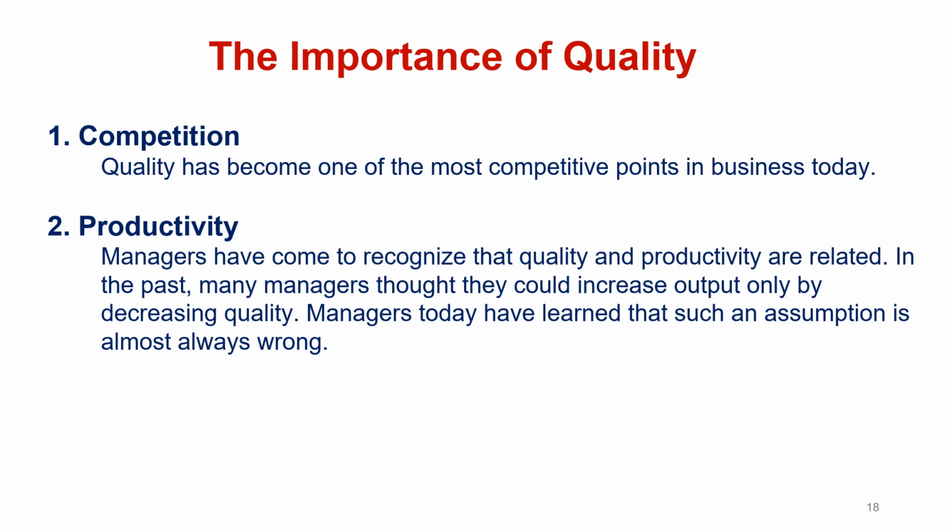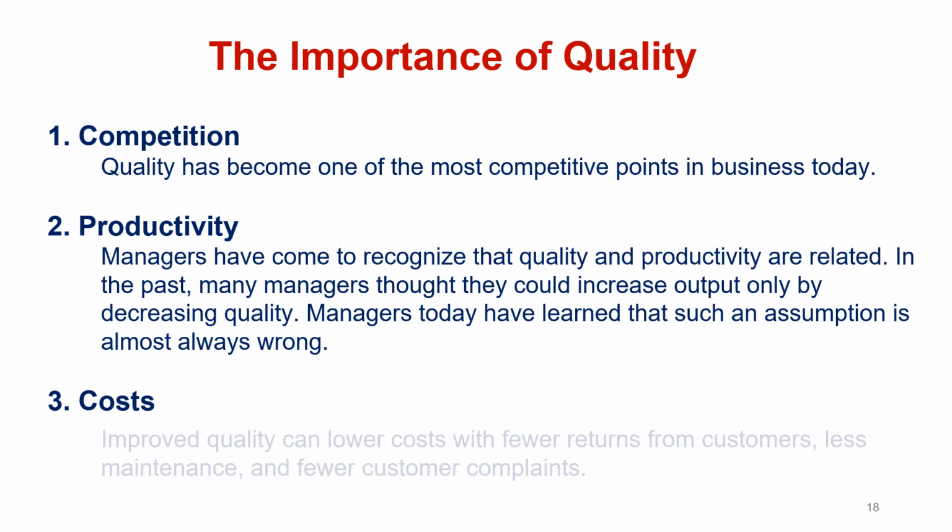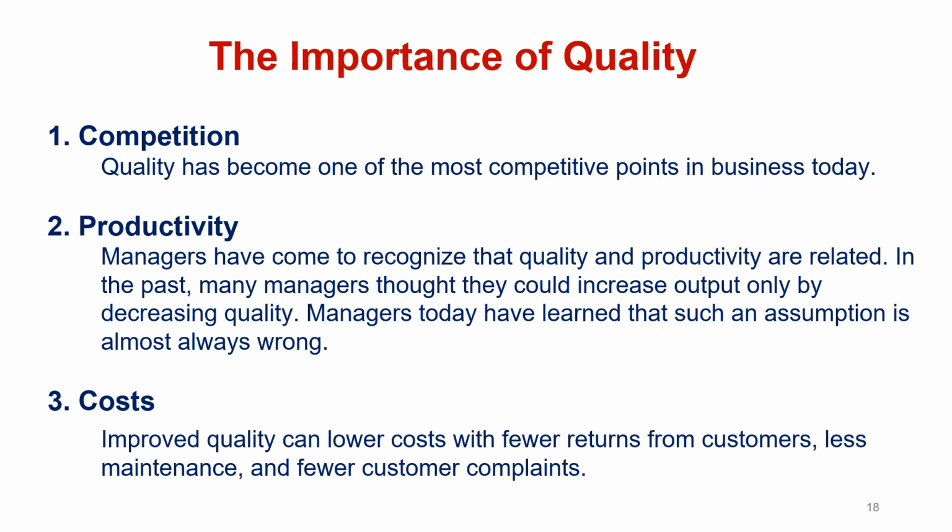In the past, many managers thought they could increase output only by decreasing quality. Managers today, however, have learned that such an assumption is almost always wrong. Next is cost. Improved quality can lower cost with fewer returns from customers due to defects, less maintenance, and fewer customer complaints.